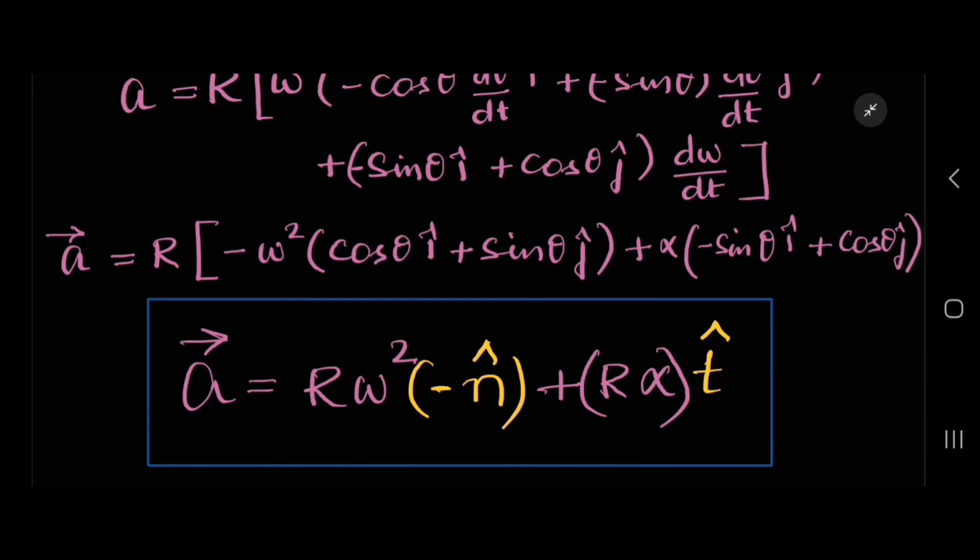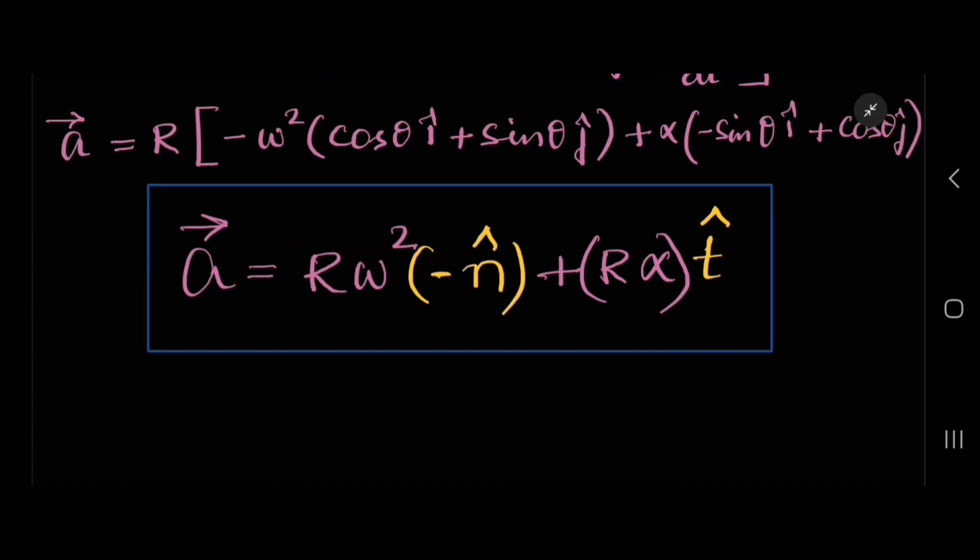This equation says that the linear acceleration has two perpendicular components. One component is directed along minus n cap. I have defined n cap as away from the center, so minus n cap is a direction directed towards the center. So one component of acceleration is directed towards the center, the other component is along the tangent.